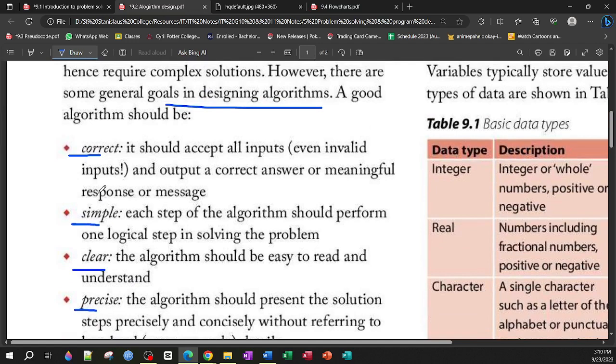What makes a good algorithm? So the first one, how do we ensure that the algorithm is correct? Well, an algorithm should accept all inputs, even invalid inputs, and output a correct answer or meaningful response or message. Anybody understand anything from that?